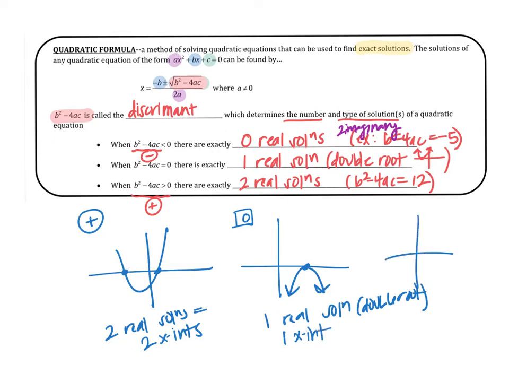If I have a negative discriminant, that means I have 0 real solutions, meaning I have 0 x-intercepts. If my discriminant is negative, which is this top situation, this tells me there's exactly 0 real solutions. And if it's positive, there's going to be 2 real solutions.